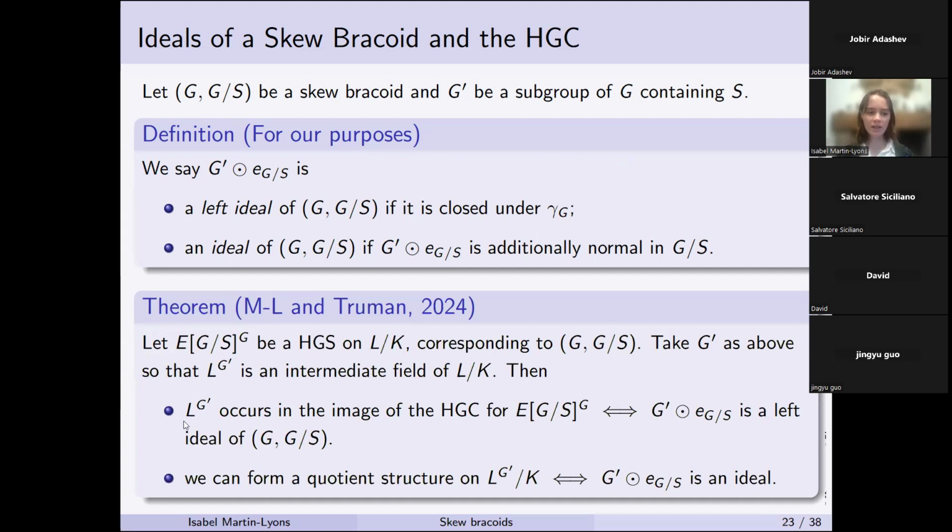Then this fixed field occurs in the image of the Hopf-Galois correspondence for this Hopf-Galois structure if and only if G' acting on the identity is a left ideal of our skew bracoid, and we can form a quotient structure if and only if it's a full-blown ideal, so it's normal in the additive group.